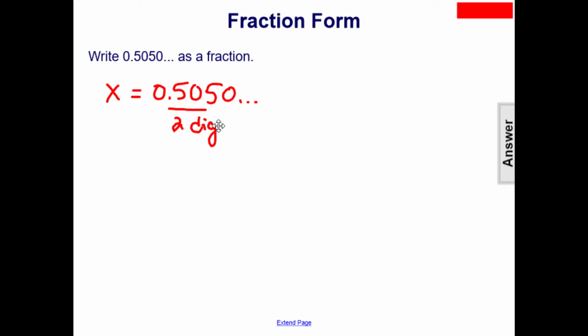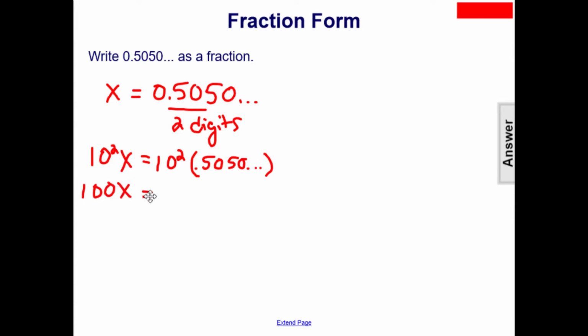So we're going to multiply both sides by 10 squared. 10 squared is the same thing as 100. And we can then rewrite the right side by actually multiplying by 100.